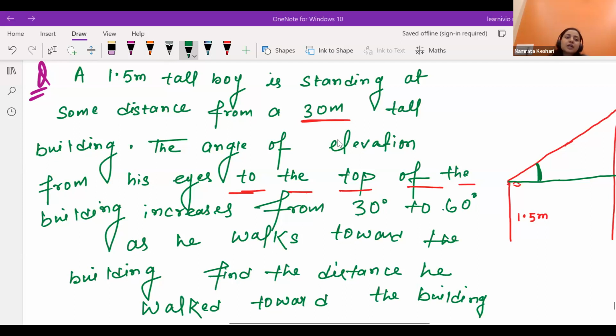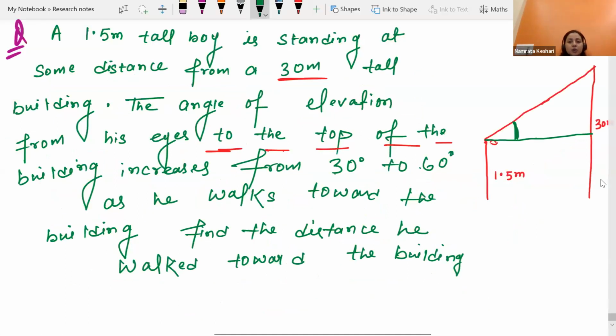So this is the question we are discussing. A 1.5 meter tall boy is standing at some distance from a 30-meter tall building. So this is what we ended up drawing. What distance, we don't know.